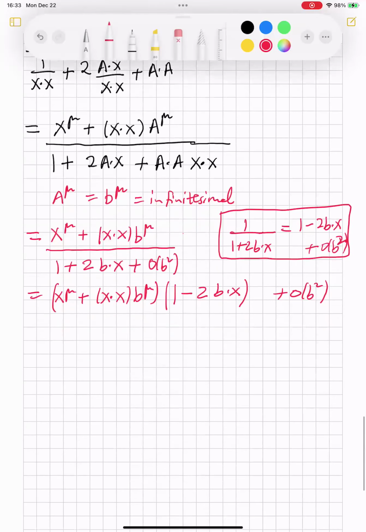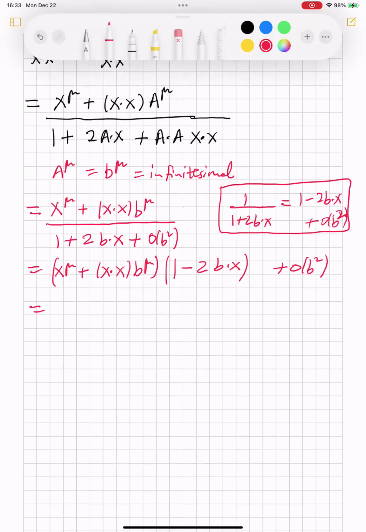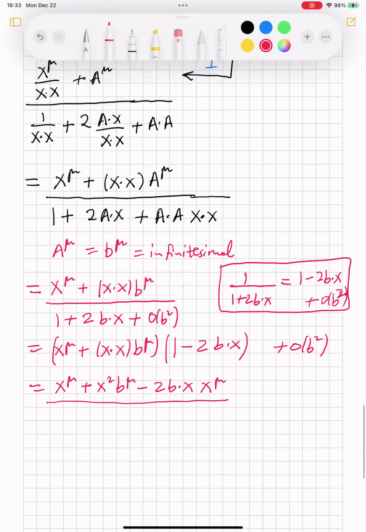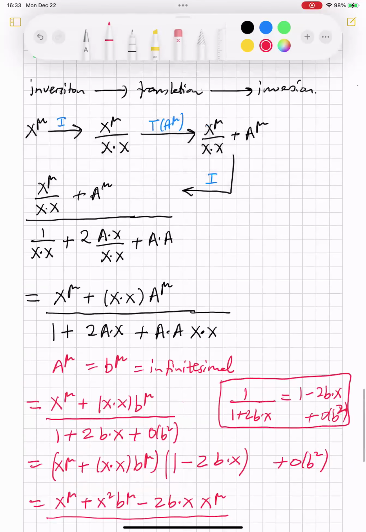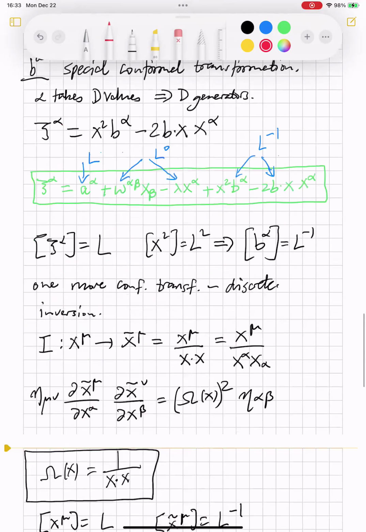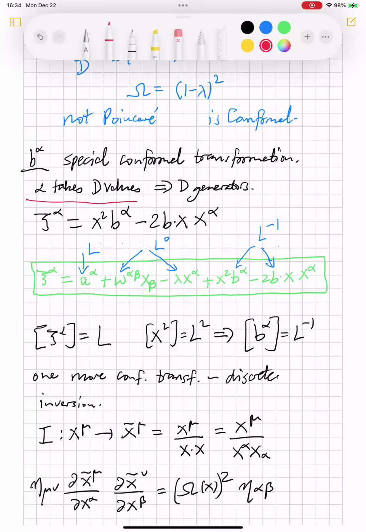And now let's just multiply out these brackets. So we get x mu plus x squared b mu minus 2 b dot x times x mu. But if you look at this formula that we've obtained at the bottom here, this is exactly the infinitesimal form of the special conformal transformation.